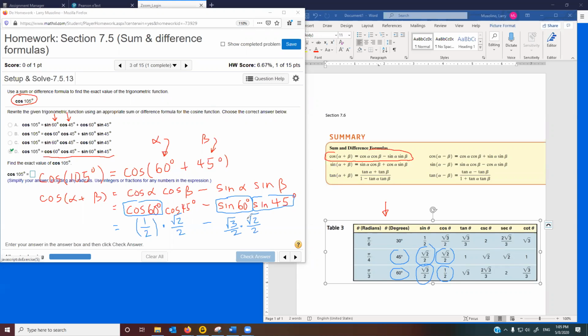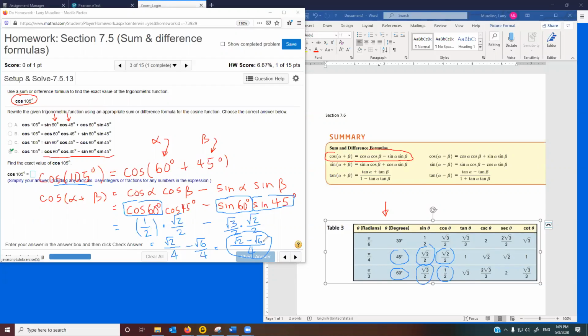Okay, let me simplify this because I can multiply through the parentheses here. Multiply the fractions together. So this is going to be the square root of 2 over 4 minus the square root of 6 over 4. And because these are two fractions with the same denominator, I'll keep the denominator the same and write this as square root of 2 minus square root of 6 all over 4. And notice it says simplify your answer including any radicals.